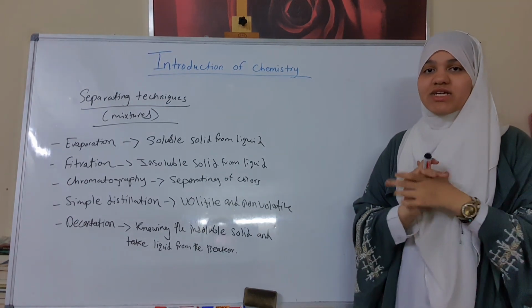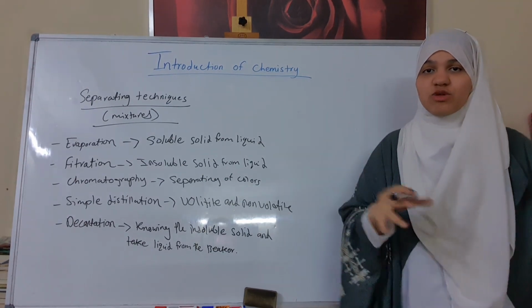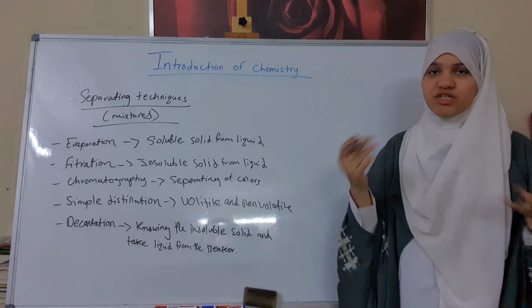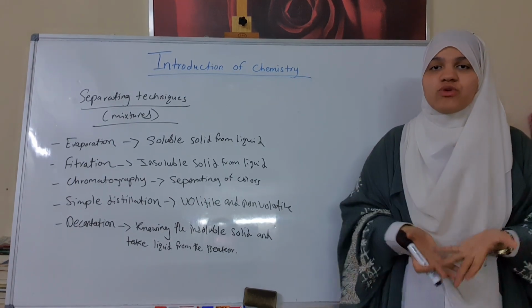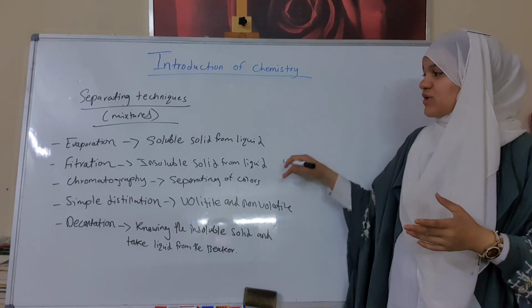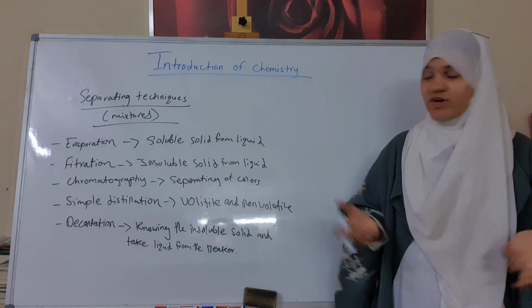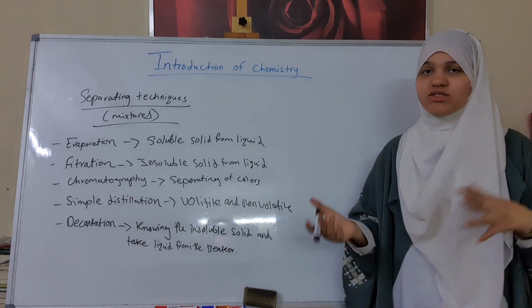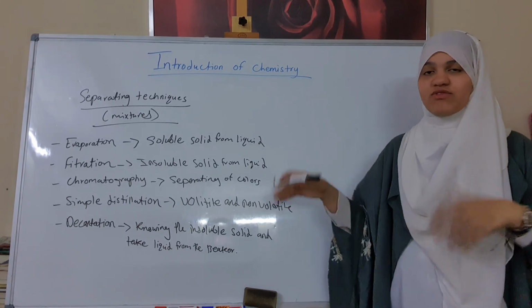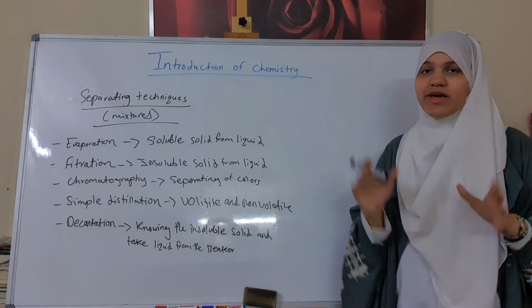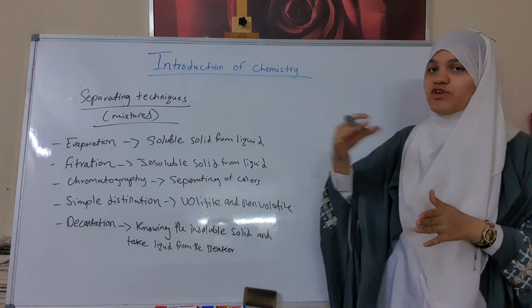So that means it's separating of insoluble solids, the solids that you can catch, but by using filtration it's better to make the liquid pure. Okay, so this is filtration. Chromatography is used for separating of colors, and simple distillation is used to separate volatile from non-volatile. And decantation is like the first process before doing filtration.